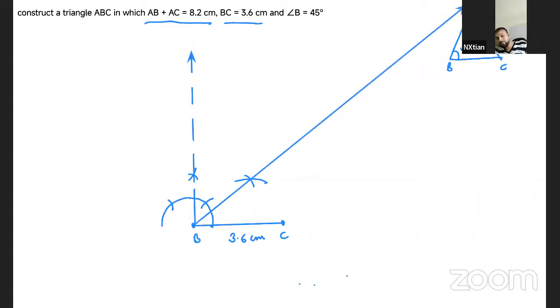Now, have you understood till here? Any problem? Now, just measure 8.2 from the scale. Measure 8.2 from the scale quickly.